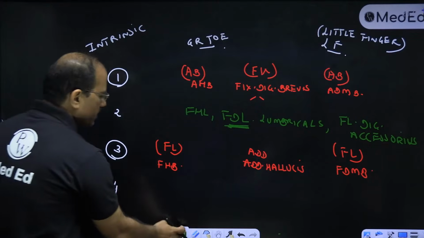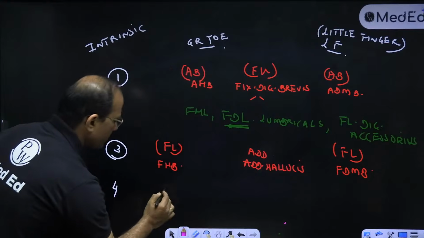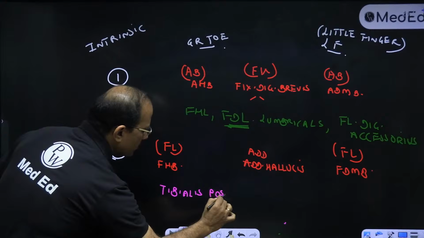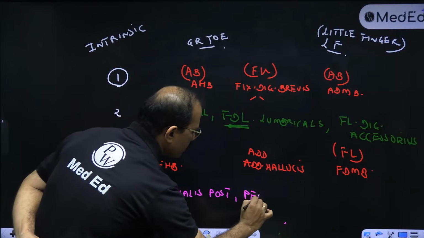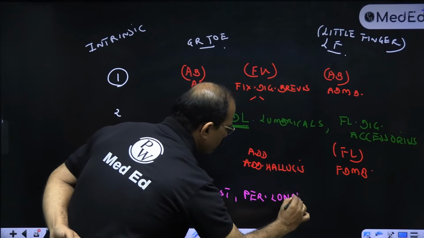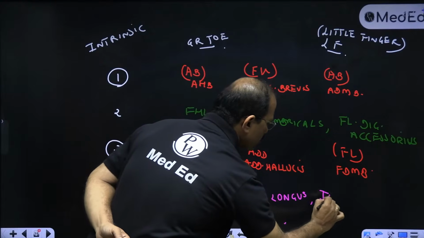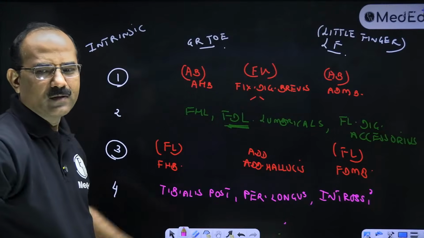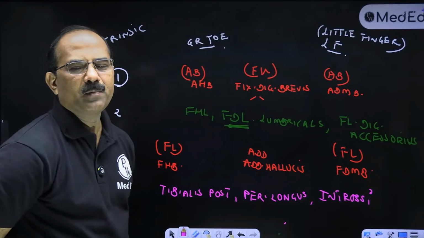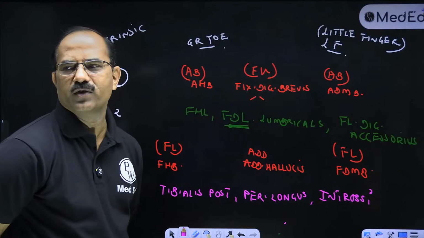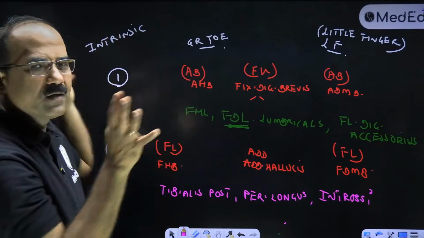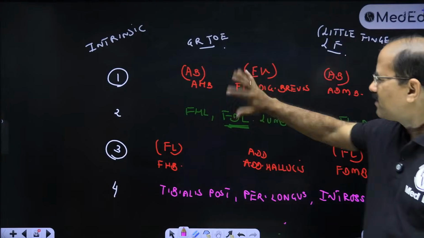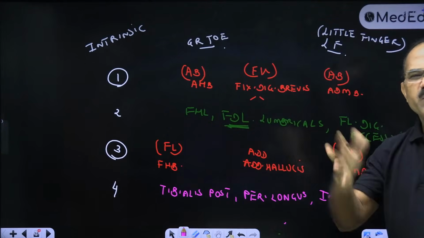And the last layer contains tibialis posterior, peroneus longus, and interossei. That's it: tibialis posterior, peroneus longus, and interossei. These are the layers of the sole. This is the most difficult part to understand, but you have to remember this much. Don't go into details of this.